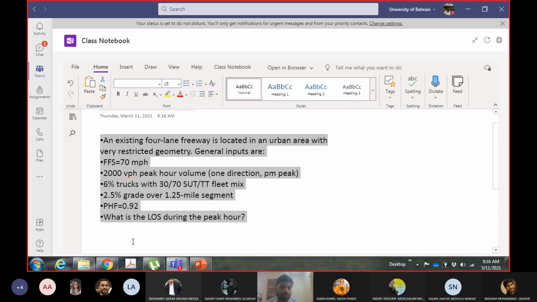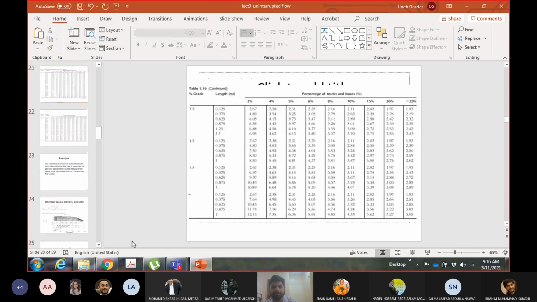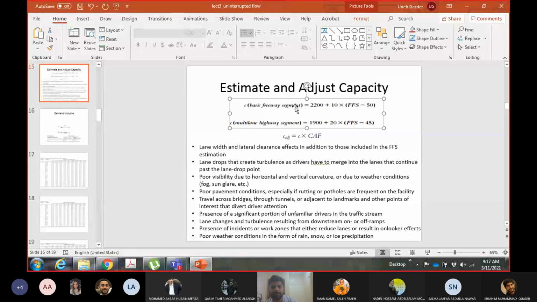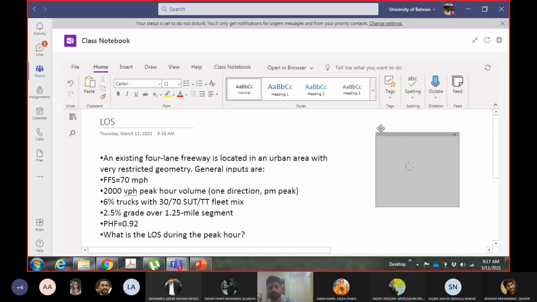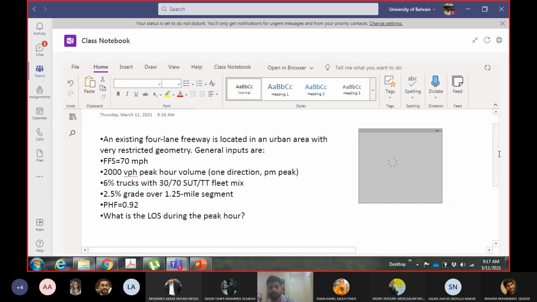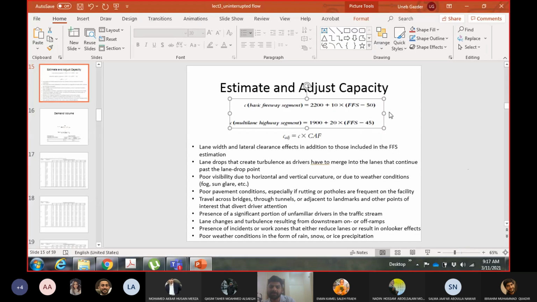Okay, so we need the capacity. For capacity, now it's a freeway, so for a freeway segment we will use the first equation for capacity. The free flow speed is given as 70.